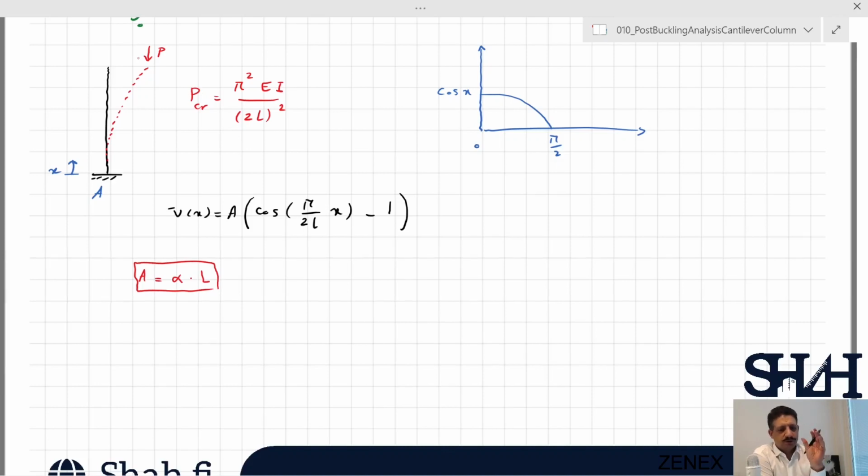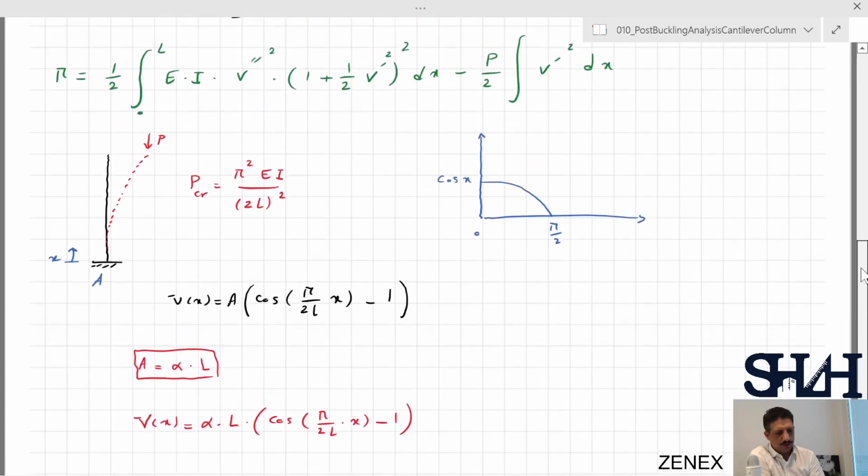So cosine pi over 2L times x is dimensionless. So this function shape is completely dimensionless. As a result, a should have the same dimension as v, and v is referring to the deformation. So we can assume that a is a portion of the length. Then I can write down V of x equals alpha L cosine pi over 2L x minus 1.